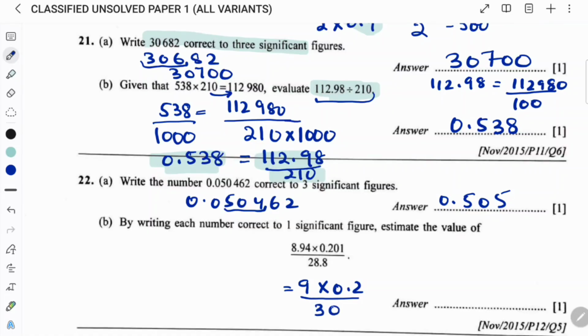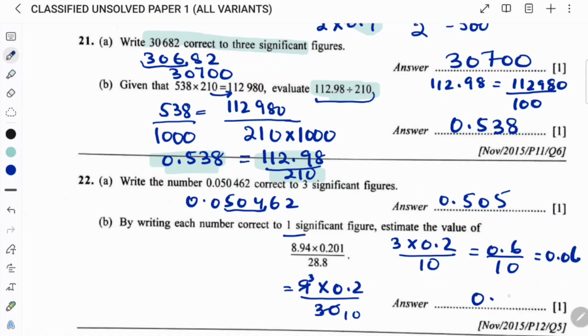If we write down 29, then it will become two significant figures, and they ask us to make it one significant figure. So we have 9 divided by 30. 3 3s are 9 and 3 10s are 30. So we have 3 times 0.2 divided by 10. So 3 times 0.2 is 0.6 divided by 10, and we will have our answer 0.06.